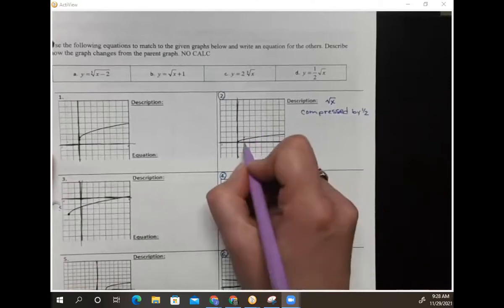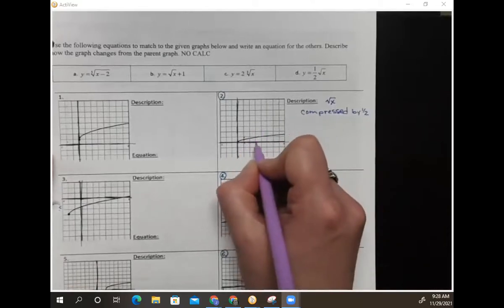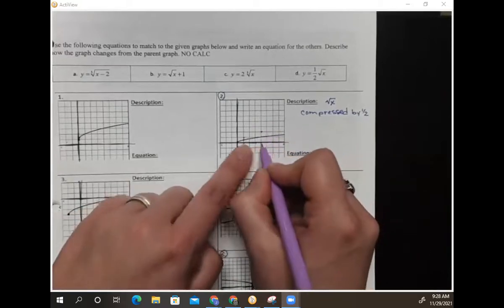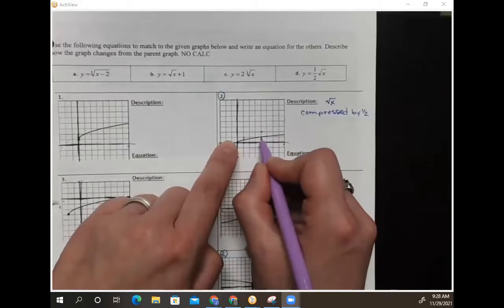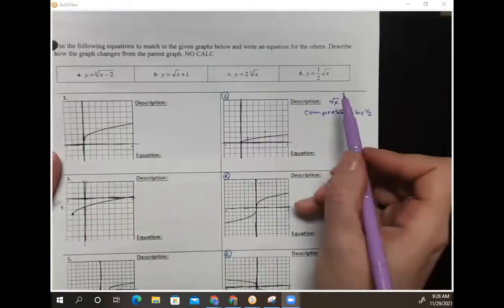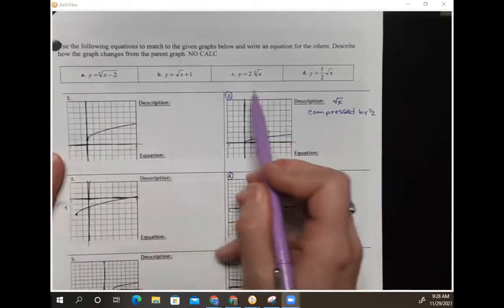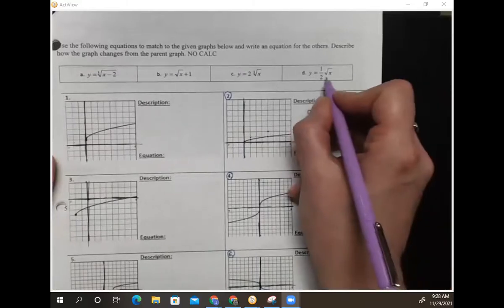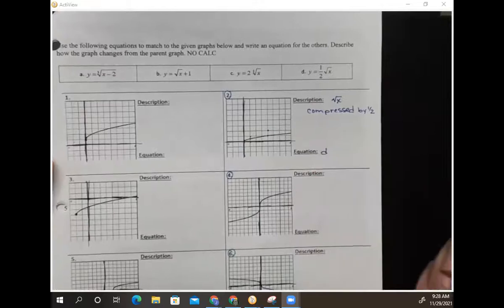My next point out from there would have been out 1, 2, 3, 4 and up 2. And I can see that point that's out 4 from the key point is actually only up 1. So that's half that distance I would expect. Compressed by half seems like a good option here. So do I have a function that's square root of x, but compressed by a half? Do I see that represented here? Up at the top, D, yeah, half square root of x.